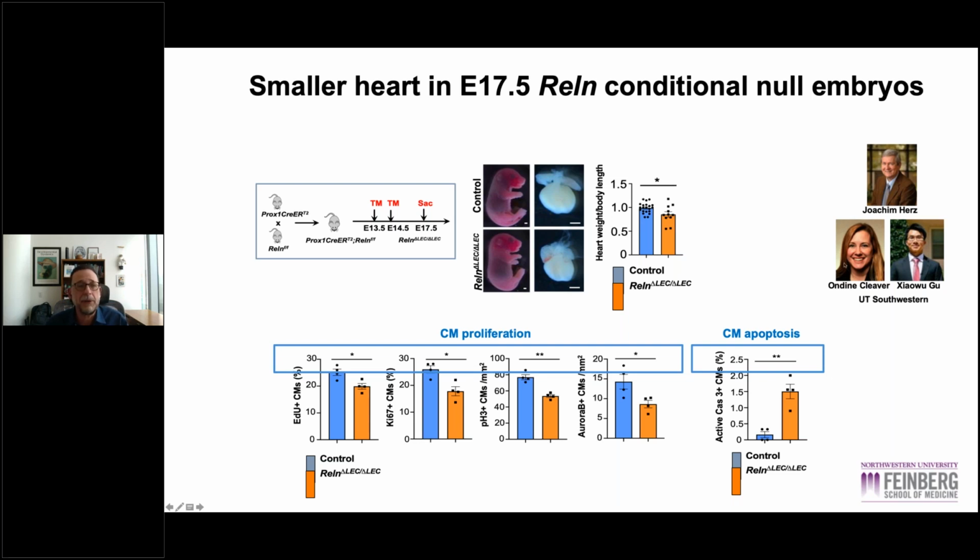Basically, Shirley was able to demonstrate that conditional null embryos generated with PROX1 are deleted in lymphatic endothelial cells. The heart was also smaller because of the same reduced proliferation and increased apoptosis. That was major support for the idea and the findings that Shirley had generated so far.